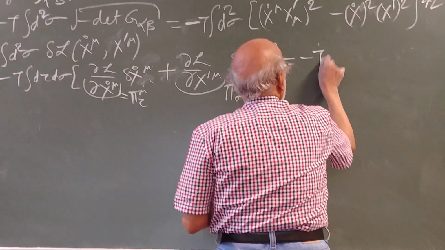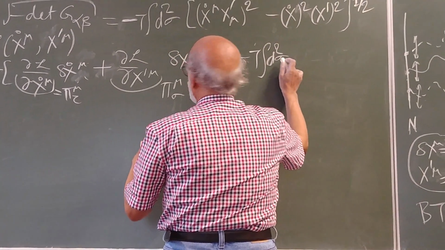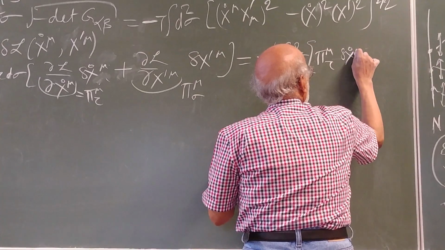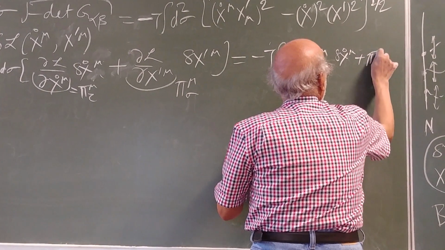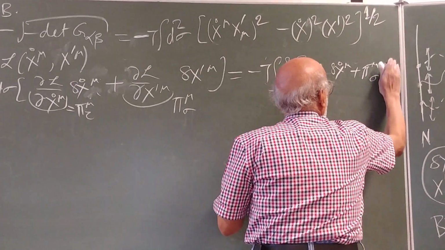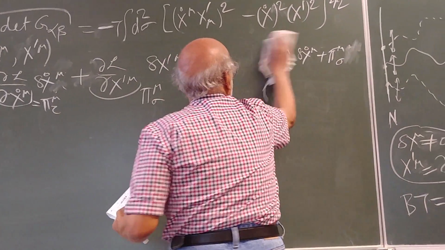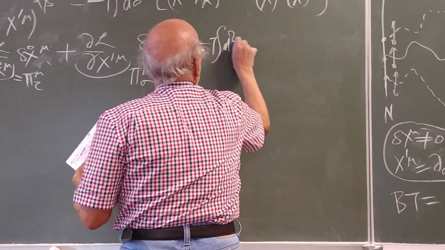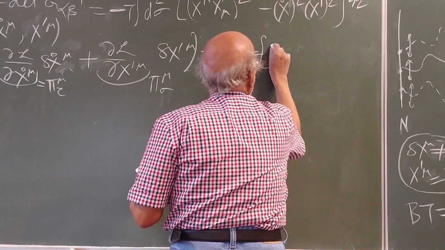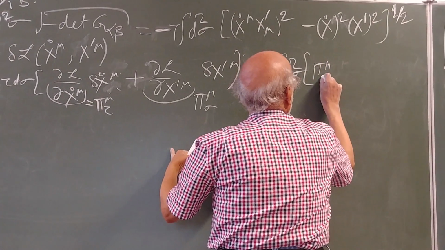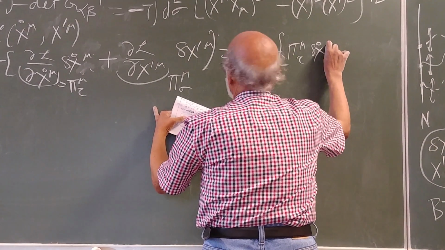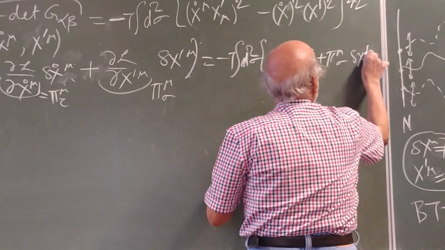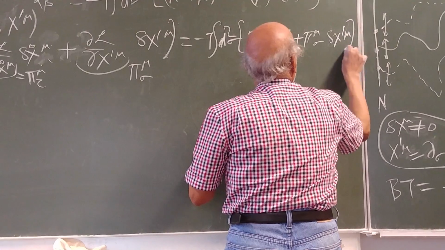Just for our records, let me write it here: d2 sigma into pi mu tau times delta x mu dot plus pi mu sigma delta x prime mu.